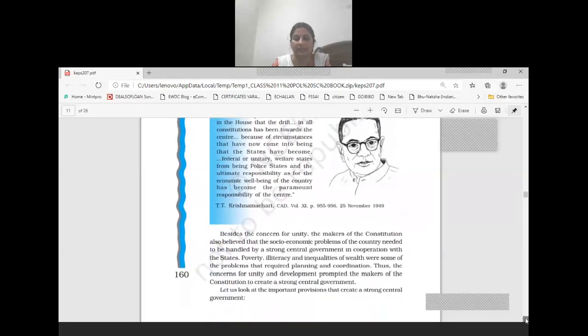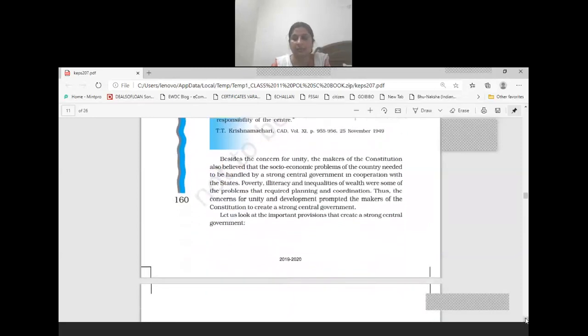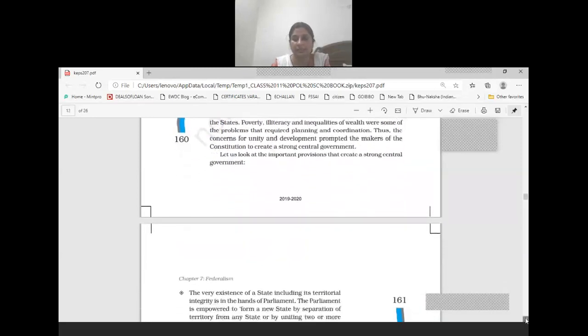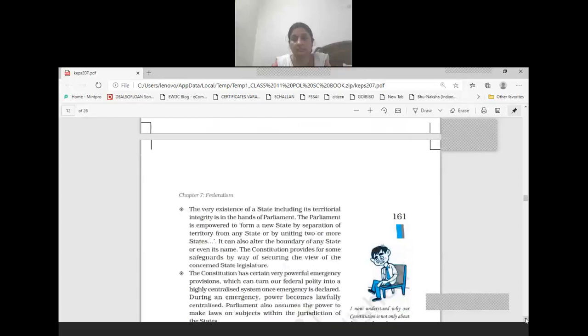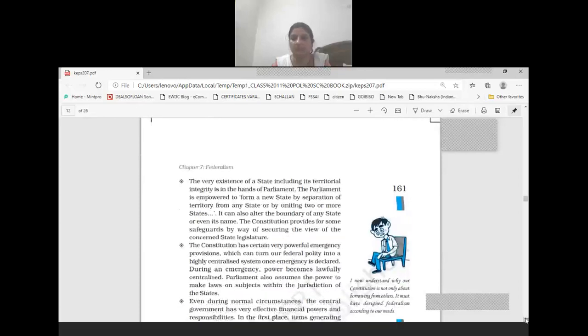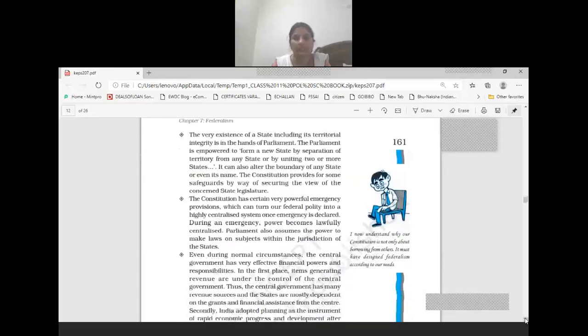We have seen that the distribution of power, which is done through the constitution, is in favor of the center because residuary power is given to the center. Then, in the matter of the concurrent list, if any conflict arises, the law made by the center will prevail. So this division of power is in favor of the center.